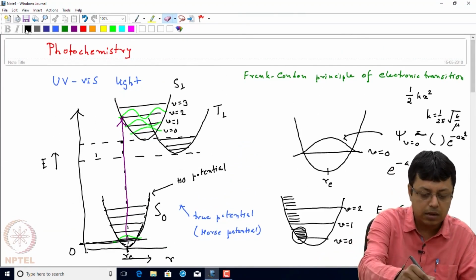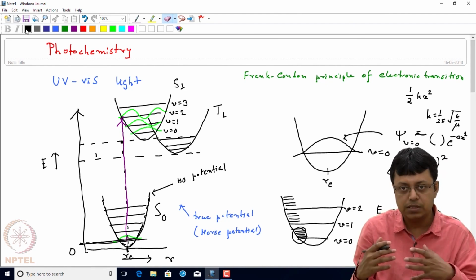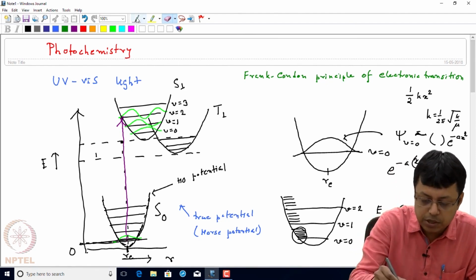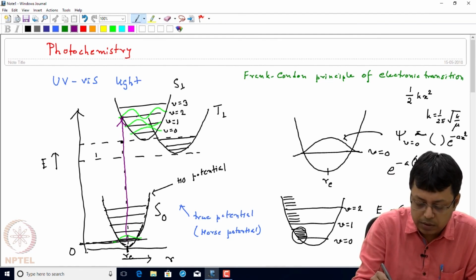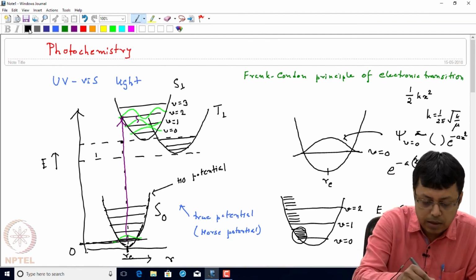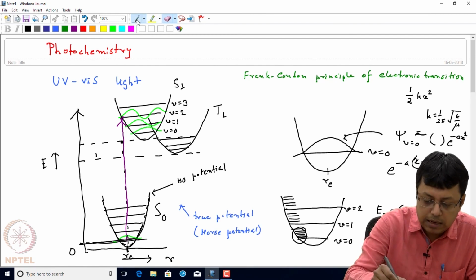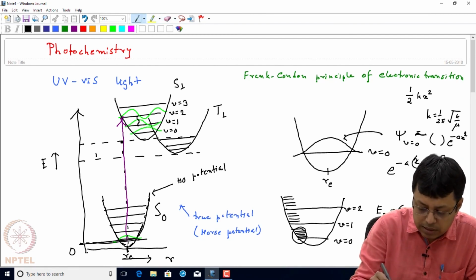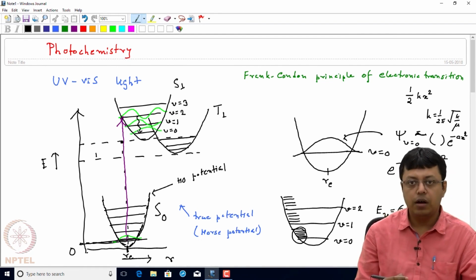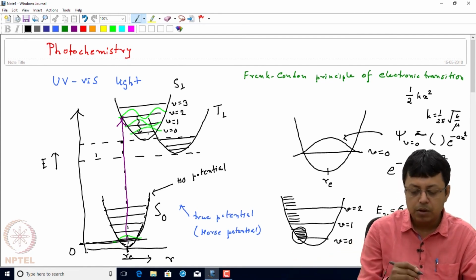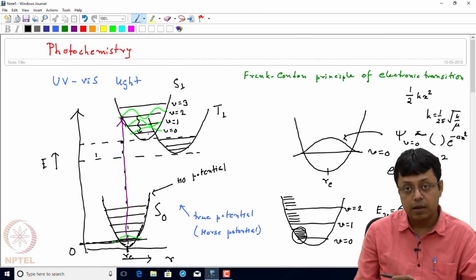Once the molecule is excited, which is a very fast process, the population will relax, and it will relax first vibrationally, and that is known as vibrational relaxation. This vibrational relaxation is usually fast. So within a time scale of 1 picosecond or so, all the molecules come to the zero vibrational level of the excited electronic state.